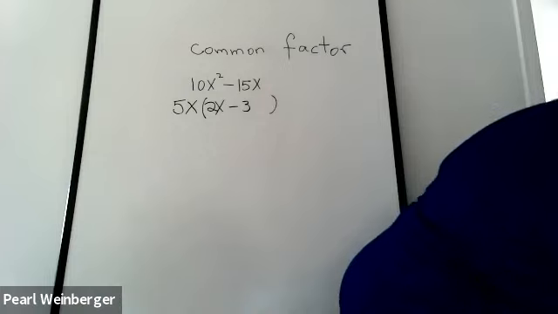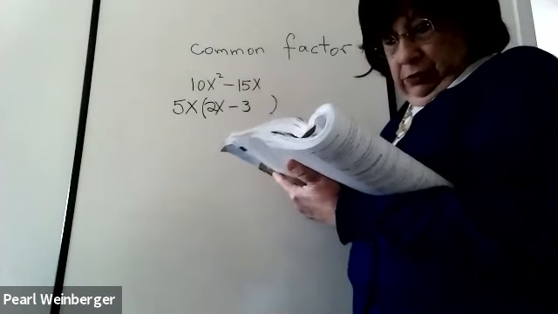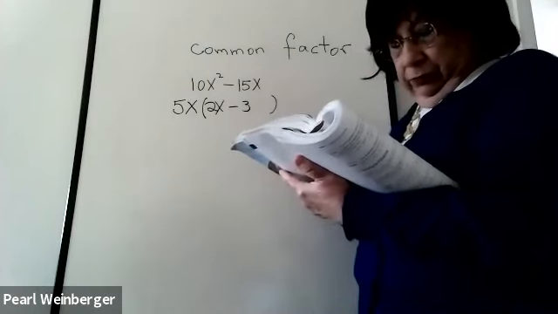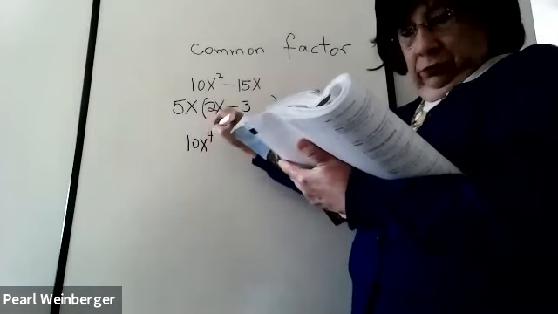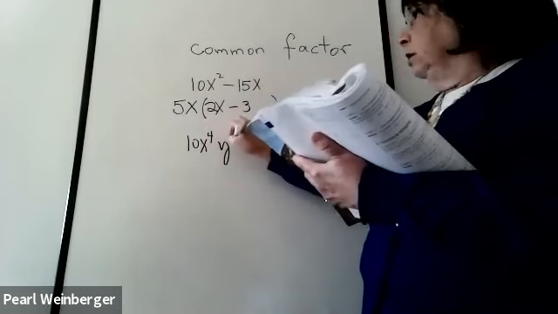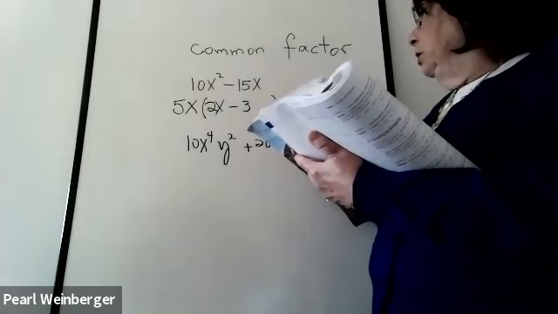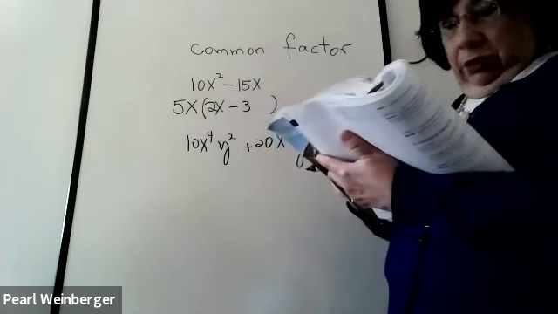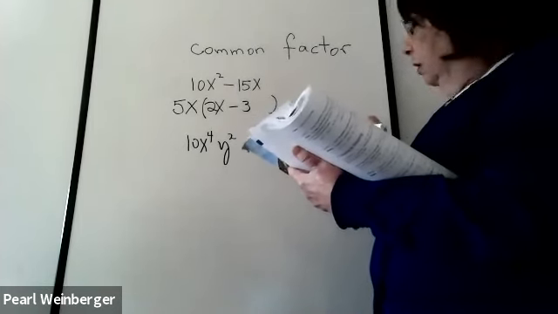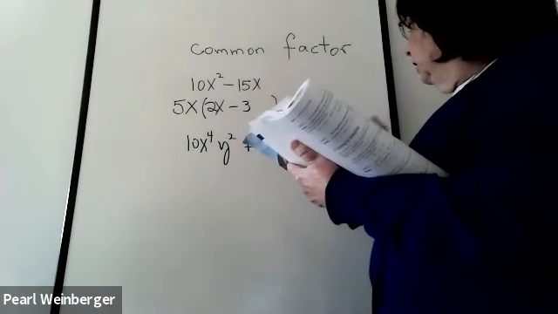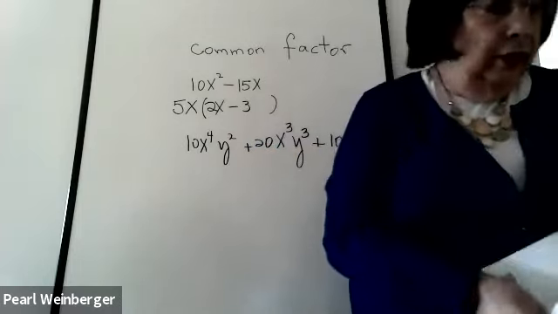Let's say I gave you something like this: 10x fourth y squared plus 20x cubed y to the third plus 10x squared y squared. I'm going to do this one with you, and then you're going to do the next one.